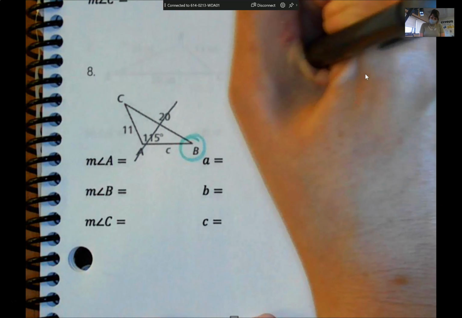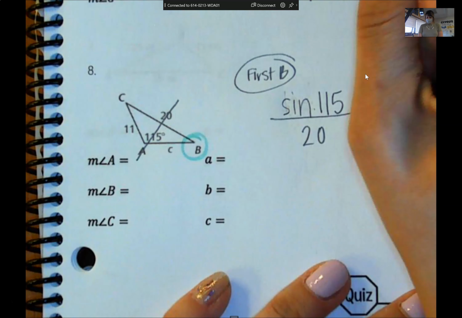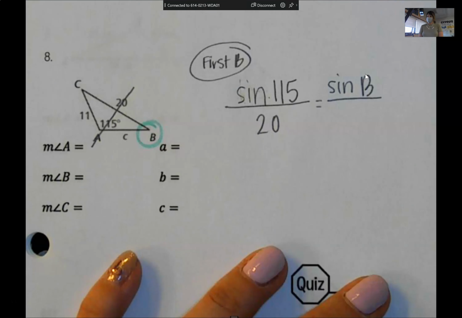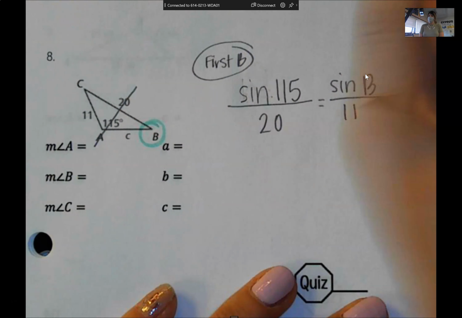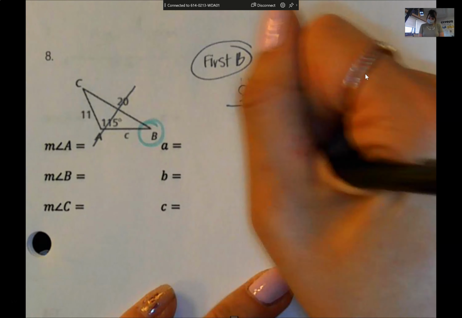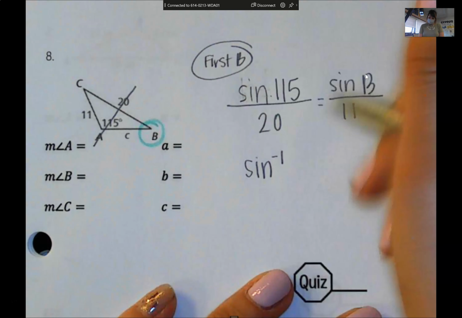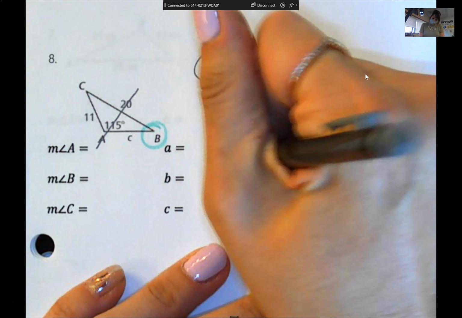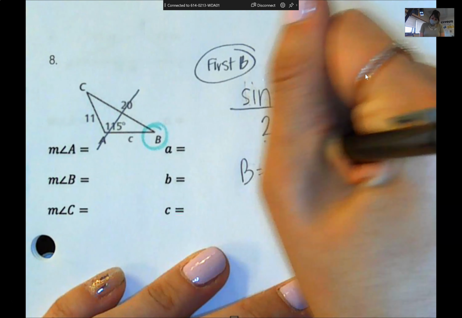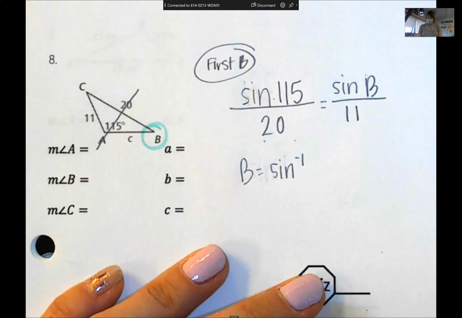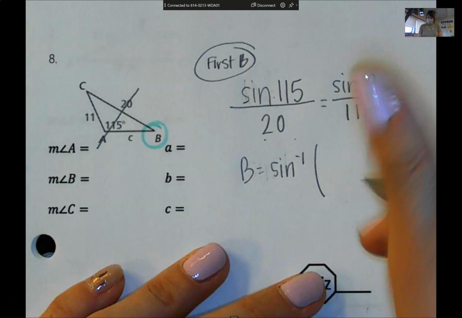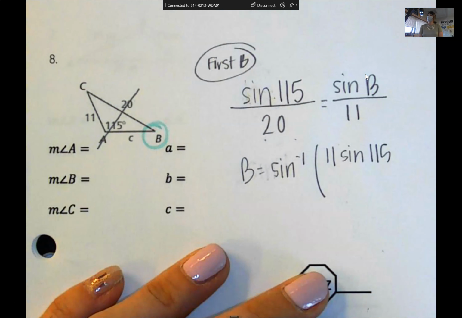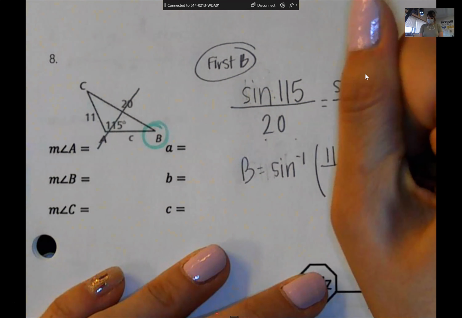So first, B. So we're going to say sine B over side length of 11. We're going to do sine inverse, oopsie. We're going to do B equals sine inverse of 11 sine 115 over 20.